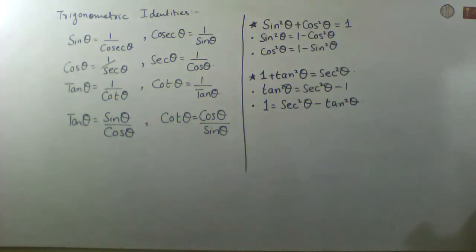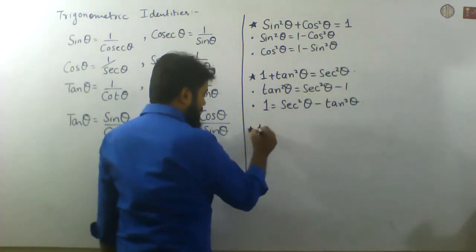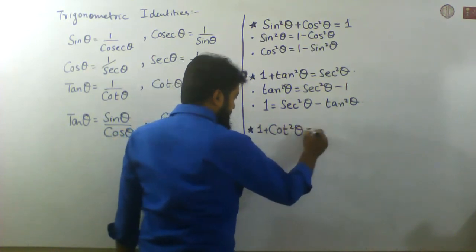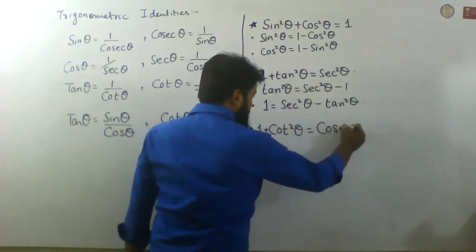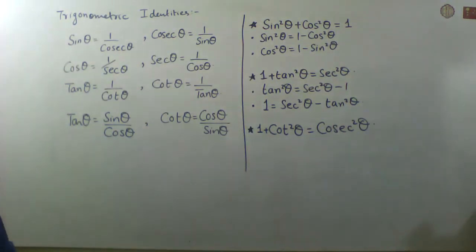Okay, the last one is 1 plus cot square theta equals cosec square theta.